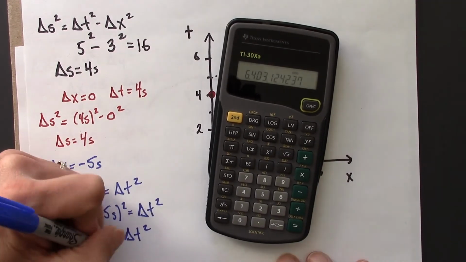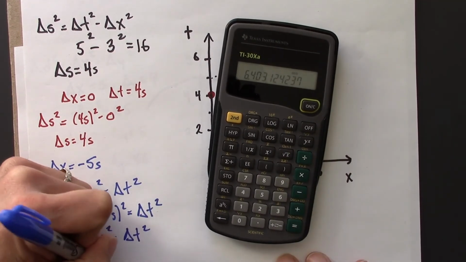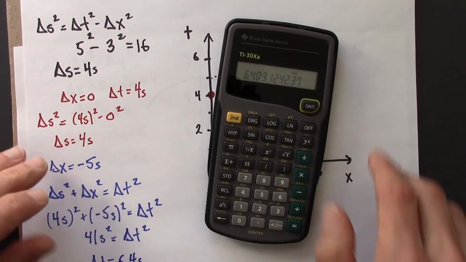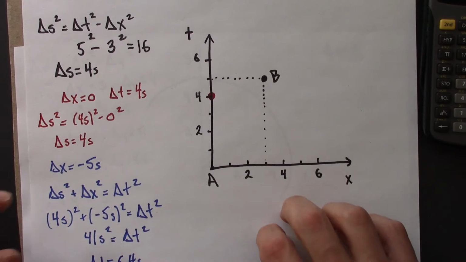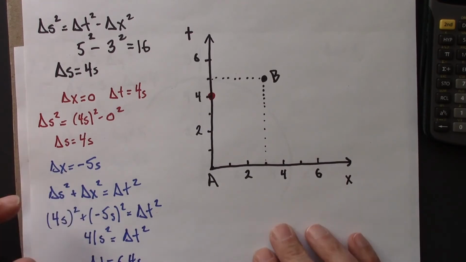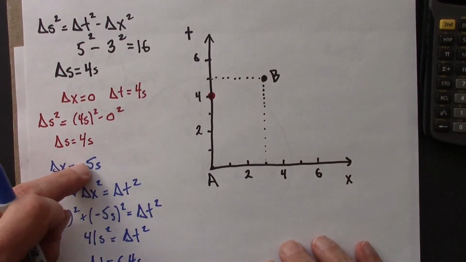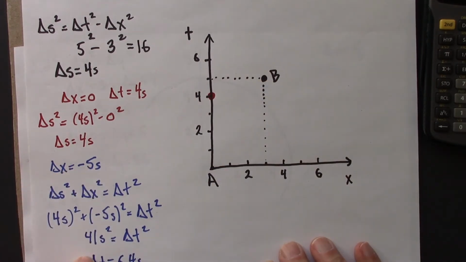Take the square root. So there's some reference frame somewhere where the coordinates for B are minus 5 plus 6.4.